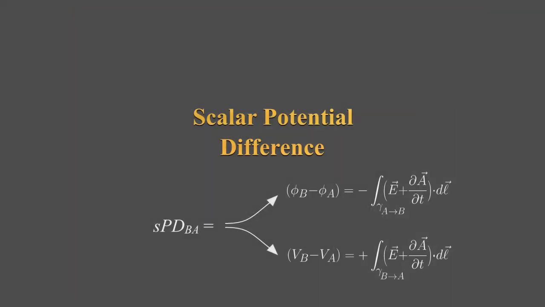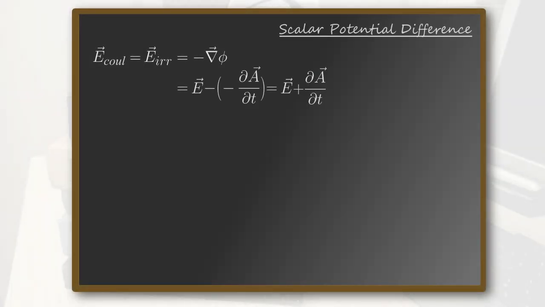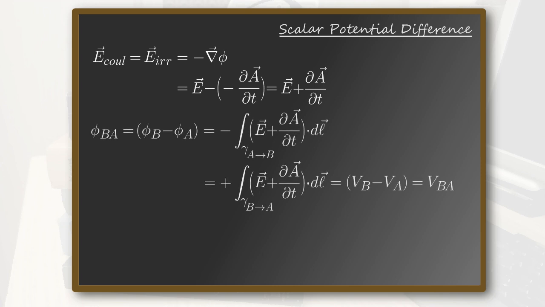The scalar potential difference, that is the Coulombian component of voltage that is ascribed to the irrotational part E coul of the electric field produced by the surface and interface charges, is given by the line integral of E minus dA/dt, or E plus dA/dt.